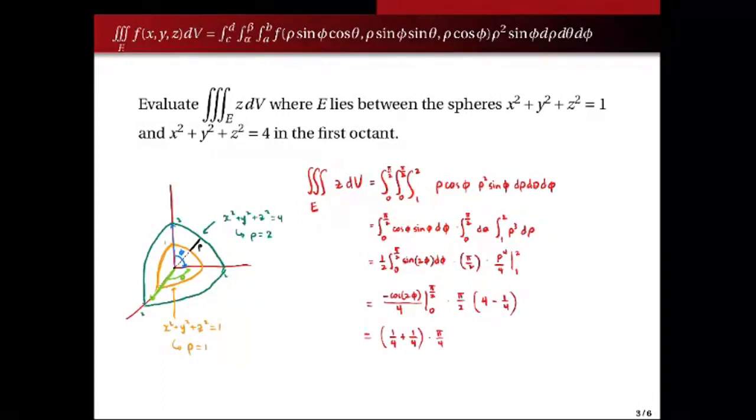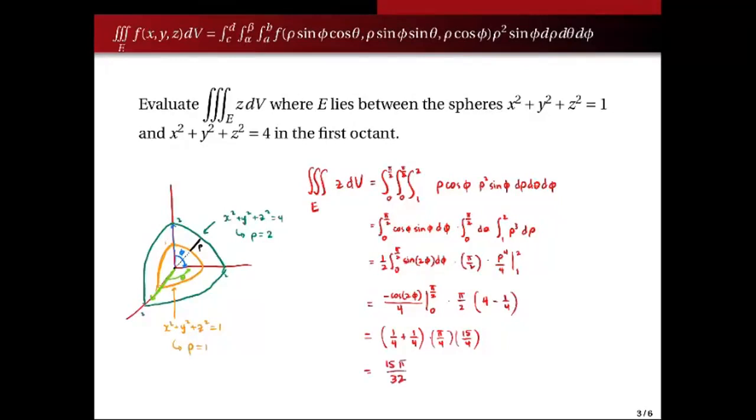And lastly, let's put this into fraction form. We'll have, sorry, not 17, but 15 over 4. And all in all, what do we get? 2 times 4, that's 8, times 4, that's 32. So we will have 15 pi over 32.